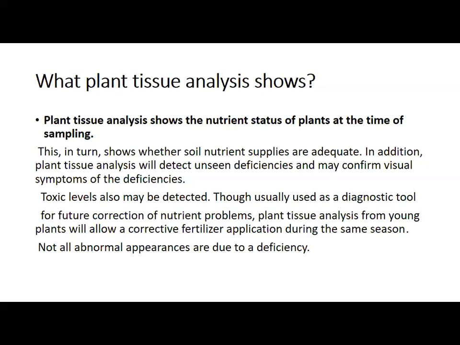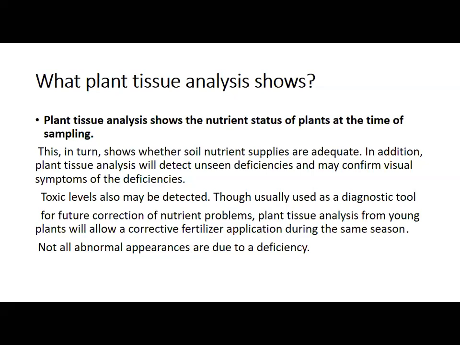Then we can also arrive at a conclusion by plant analysis whether any toxicity of nutrients is detected, using it as a diagnostic tool. Plant tissue analysis from the plant will be able to derive a conclusion on deficiency symptoms.